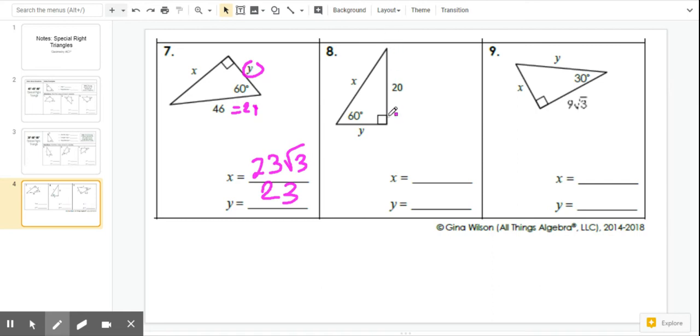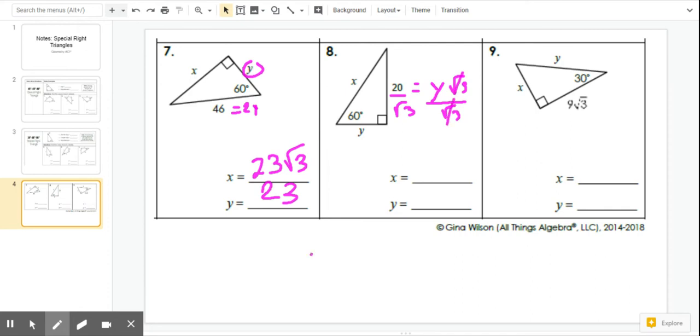You can also just tell that the 20 is longer than the Y. So we know that the longer leg is equal to the shorter leg, which is Y, times the square root of 3. To get Y alone, we divide by the square root of 3 on both sides. And then Y is equal to 20 over the square root of 3.